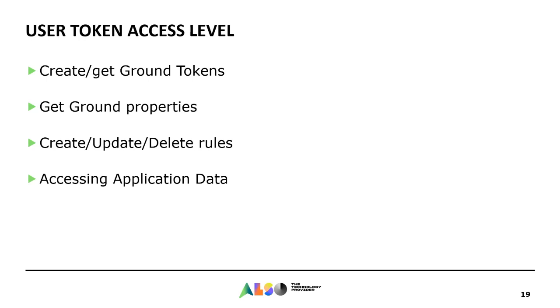So a user token can get the ground tokens to access those devices, to get ground properties, create, update, and delete rules, but we are not going to cover this one. Like I said before, rules is a separate training because it will take us too long to go over all the rules we have, and accessing the application data.